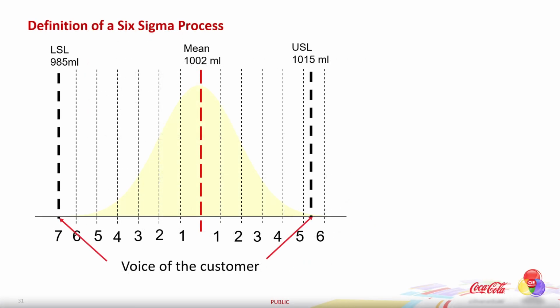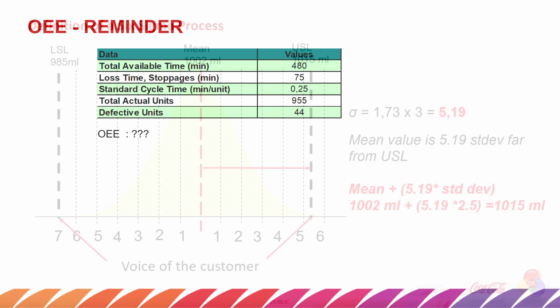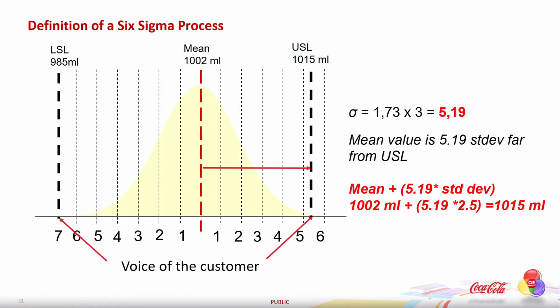So what is the basic definition of a sigma process? You will see that for that process where sigma level is 5.19, we have the mean value at 1002 ml, we have the upper specification limit at 1015 and the lower specification limit at 985 ml.